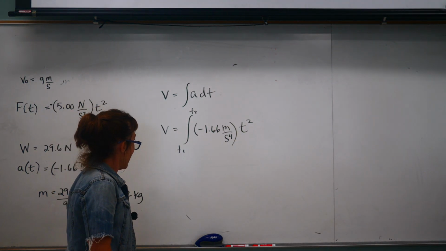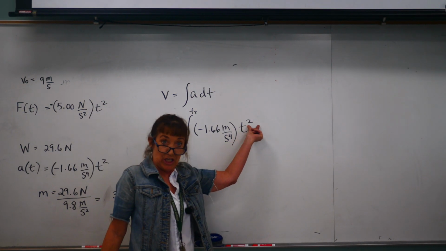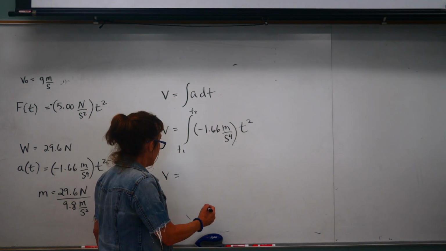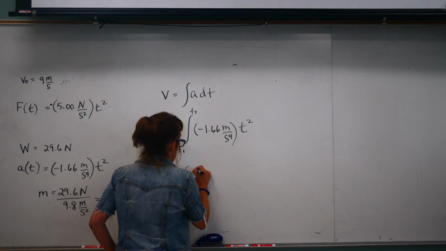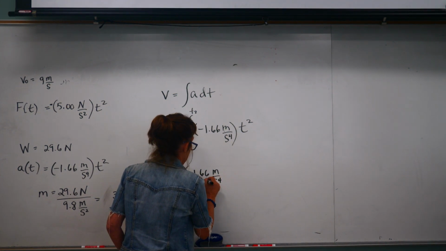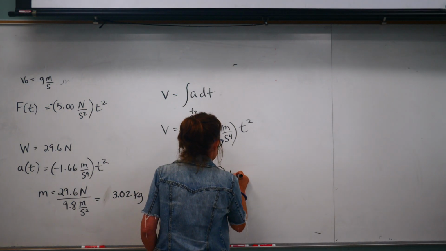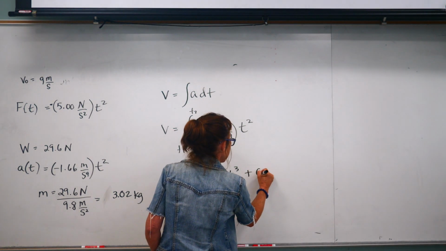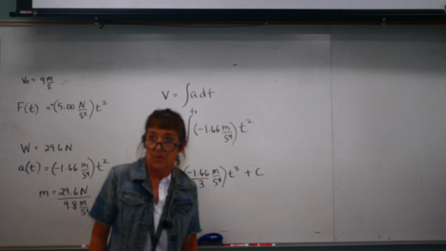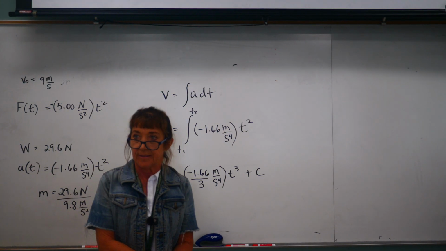Okay, now to take that, v is going to be equal to, I'm going to bump that up to a cube, right? So I have to divide by the cube. So I'm going to say negative 1.66 meters over seconds to the fourth, over 3, times t cubed plus c. All right, we're going to get c from our initial conditions.